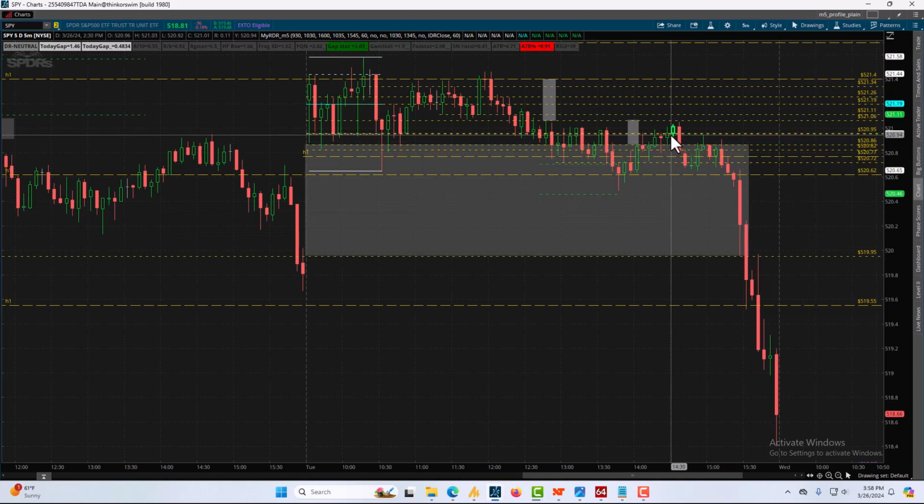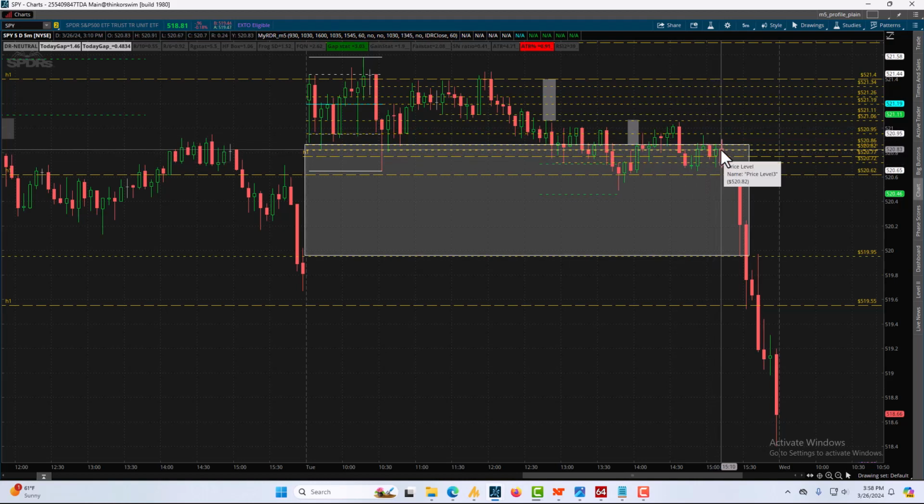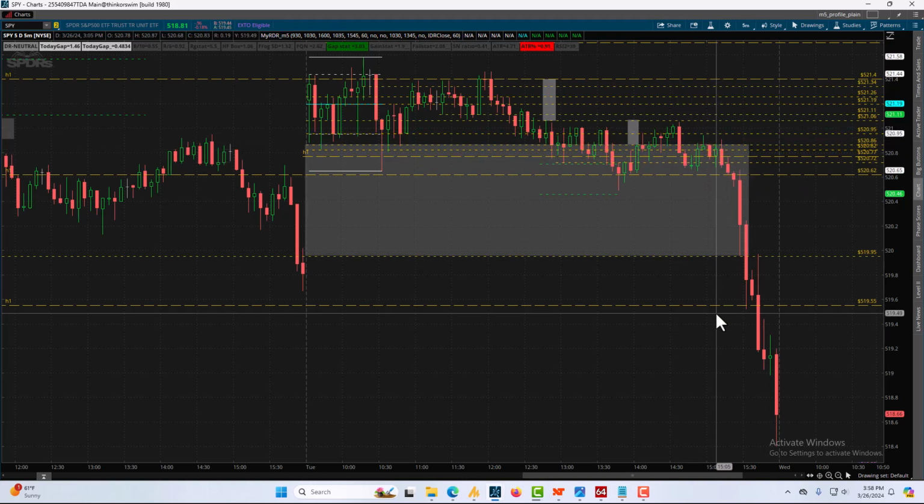Right here you can treat this as an order block. If we treat this as a fair value gap at a breakout level, then any candle close above it is considered an order block. And when we see an order block and fair value gap, then the retest right here, man, so beautiful. So that's an idea right there.